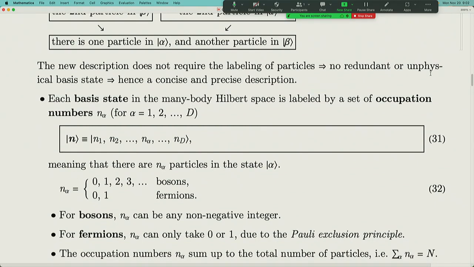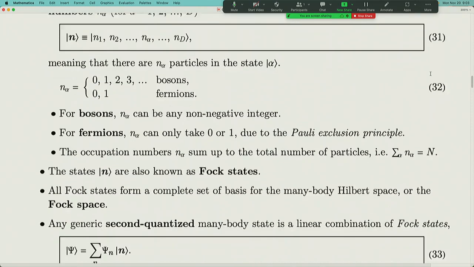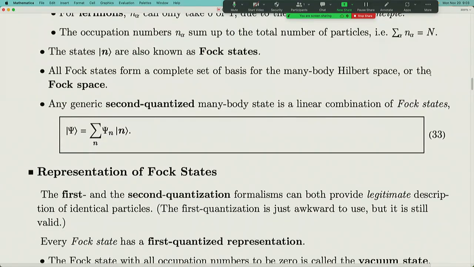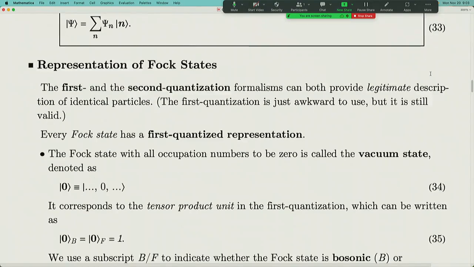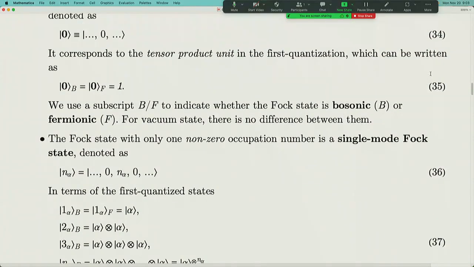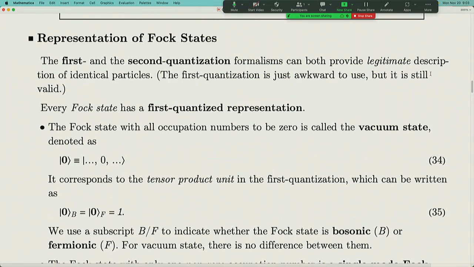And for identical particles, the essential idea is that the probability distribution of the system is invariant under permutation or under exchange. But we know that the exchange has only two possibilities. If the probability is invariant under exchange, then under exchange there's either no minus sign or there's a minus sign. So that leads to bosons and fermions.